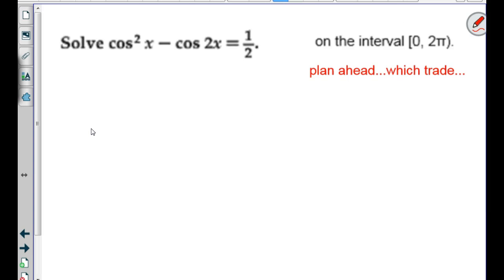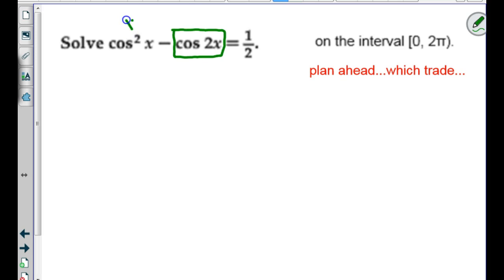Cosine squared minus 2 cosine, or cosine 2x equals 1/2? All right. Well, I'm going to do a quick one anyway. I think it says plan ahead which trade would make the most sense. I'm going to trade something for this.